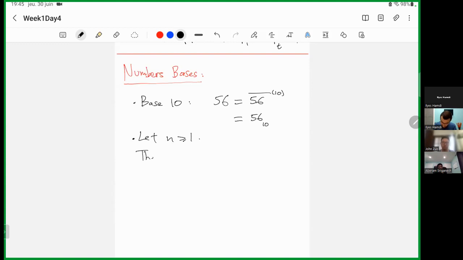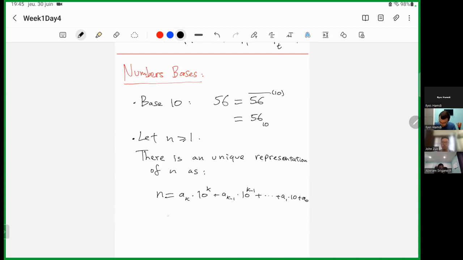There is a unique representation: n will be written as ak times 10 to the k, plus ak minus 1 times 10 to the k minus 1, and we just keep going until a1 times 10 plus a0.